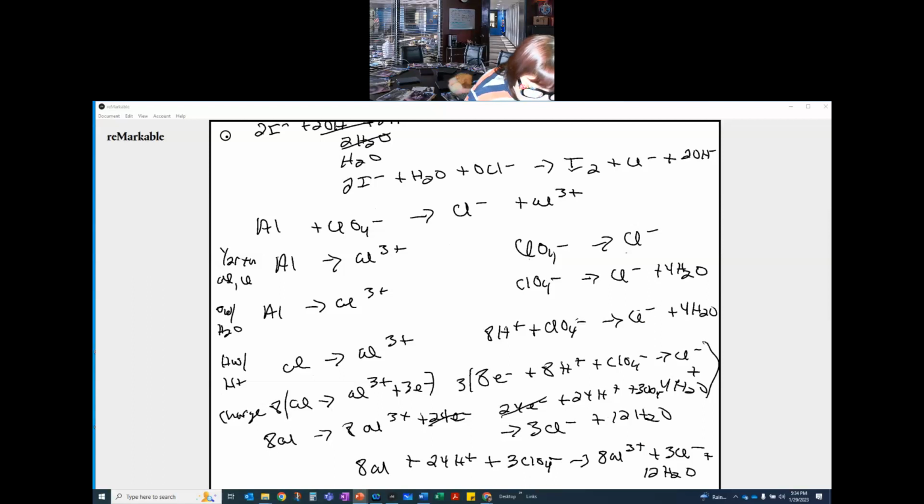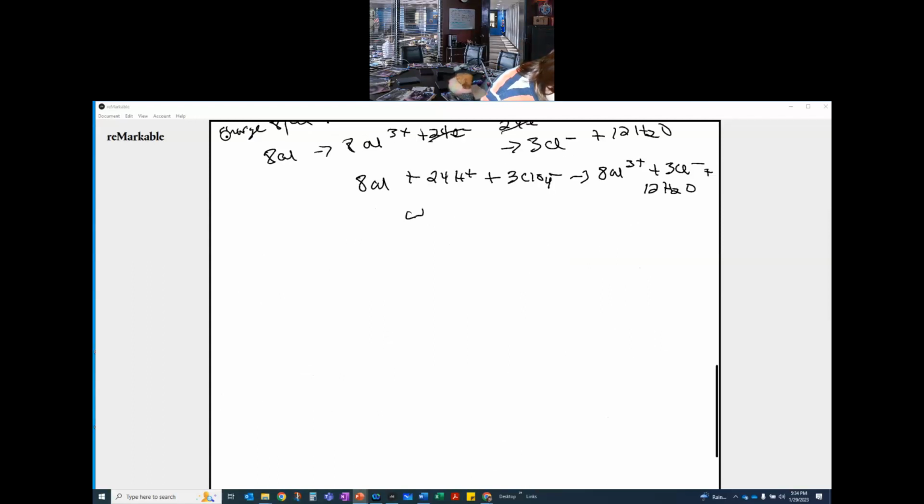And 8 is not divisible by 3, so I think we're good. Let's do a little check: Al, H, Cl, O, and charge. I have 8 here, I have 24 there, 3 there, 12 there. My overall charge here is 24 plus minus the 3, so it's 21 plus.